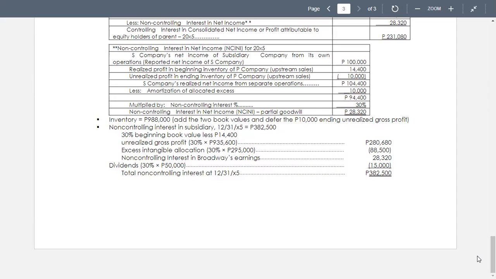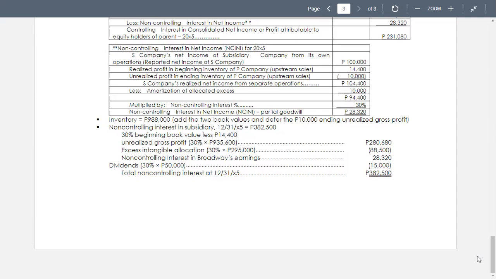Reported net incomes from independent operations, including sales to affiliates of Pine, Salad, and Tuna, were. Okay, so in other words, the sales of Pine include sales to Salad and Tuna. The same with Salad and Tuna.